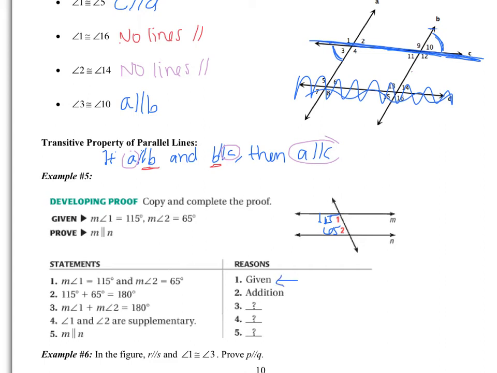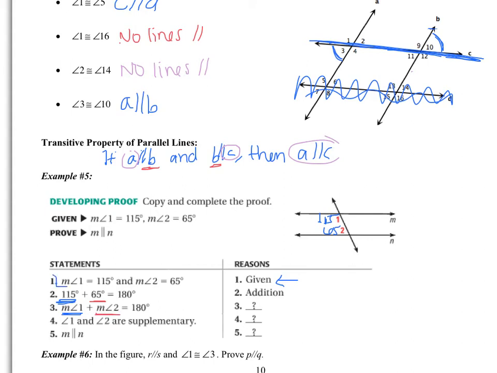Okay, then it says 115 add 65 is 180. That's just addition. Next, the measure of angle 1 plus the measure of angle 2 is equal to 180. So looking at statements 2 and 3, I somehow went from 115 to the measure of angle 1, and from 65 to the measure of angle 2.